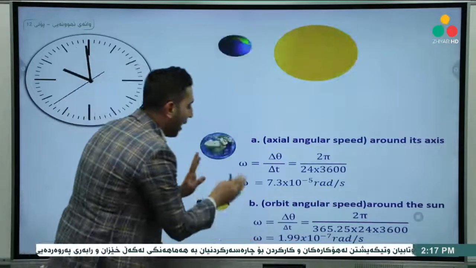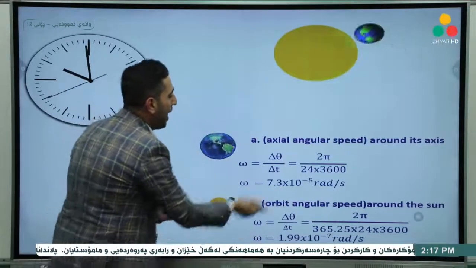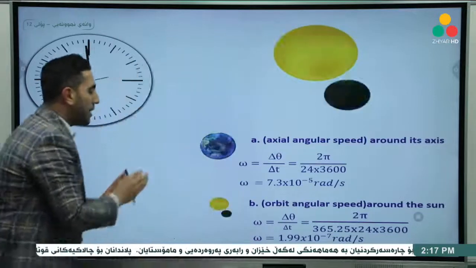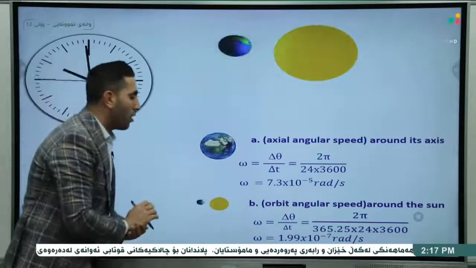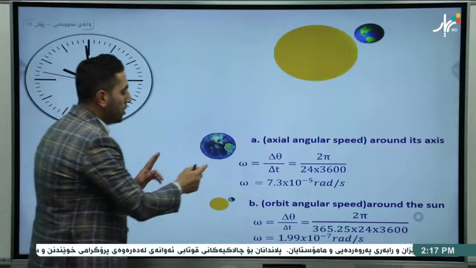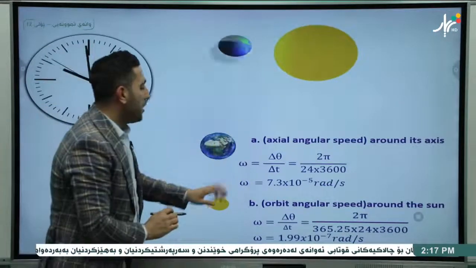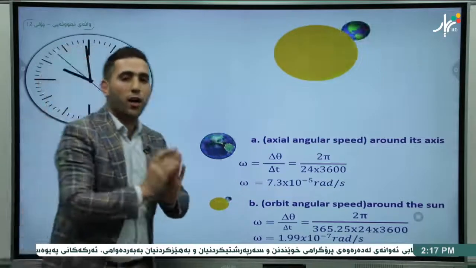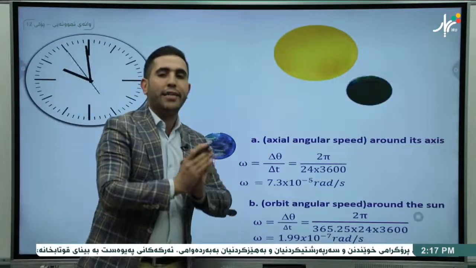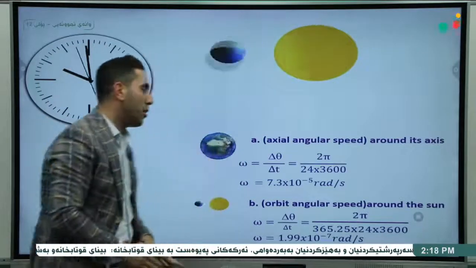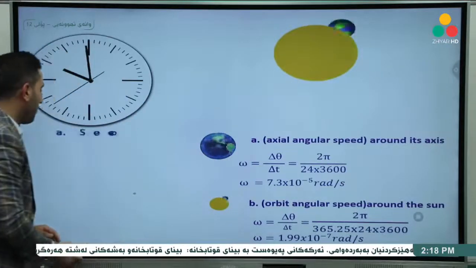This is constant, again like axial angular speed, and its angular acceleration is equal to 0, because it has constant angular speed.